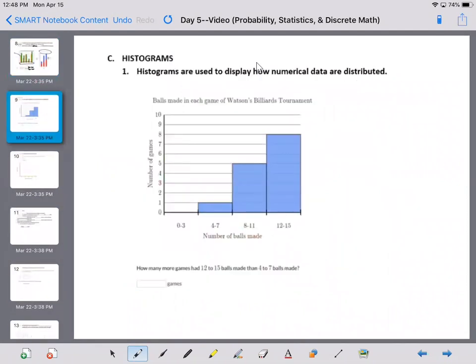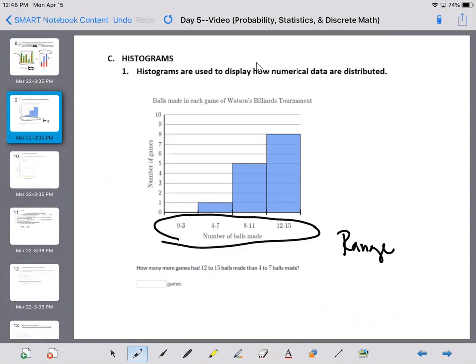Histograms. Now, like I said, they are used to display the data in what we'll say is a range of data. So if you notice here, the number of balls made, well, 0 to 3, 4 to 7, 8 to 11, 12 to 15. This is what we call a range.